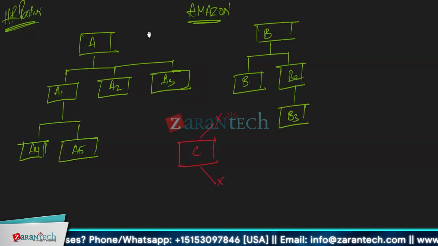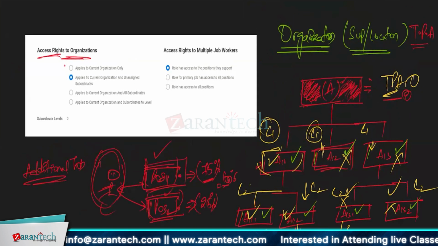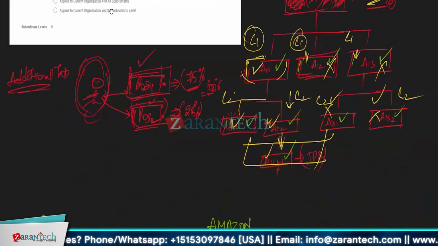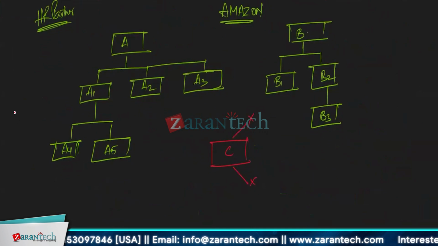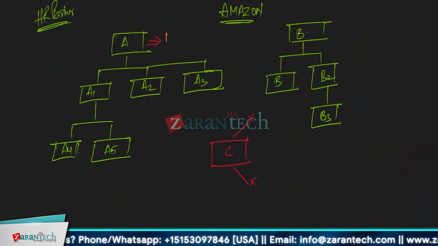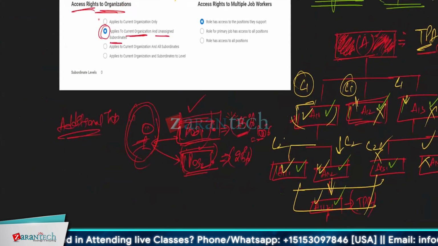Now, if I select the second option, applies to current organization and unassigned subordinates, and I assign HR partner on this particular org A, what will happen?